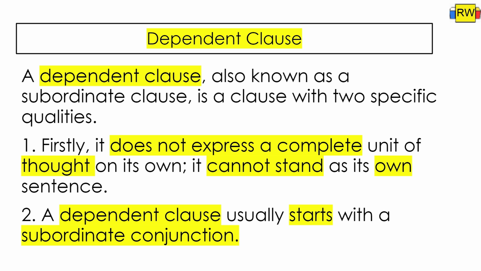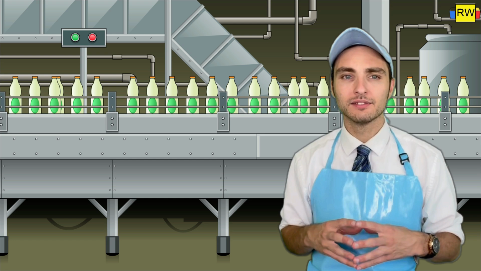One, the subordinate clause starts an idea, but it doesn't finish it. It can't stand alone because it's a dependent clause. Secondly, subordinate clauses start with subordinating conjunctions. So that's another indicator of a subordinate clause. It's an incomplete thought, and it will start with something called a subordinating conjunction.